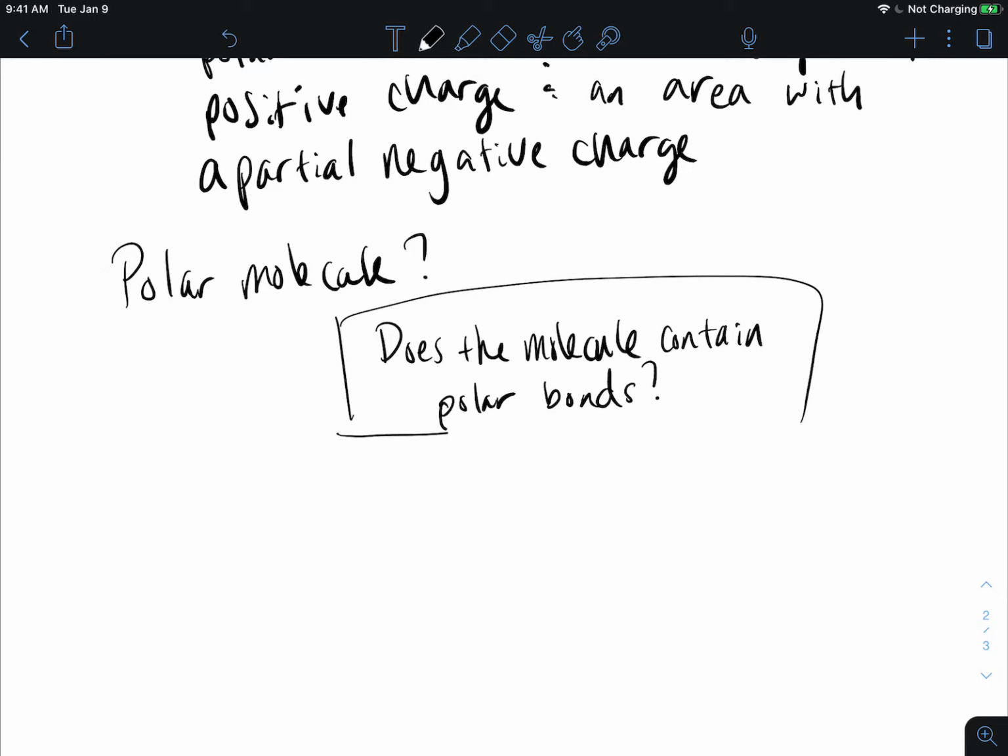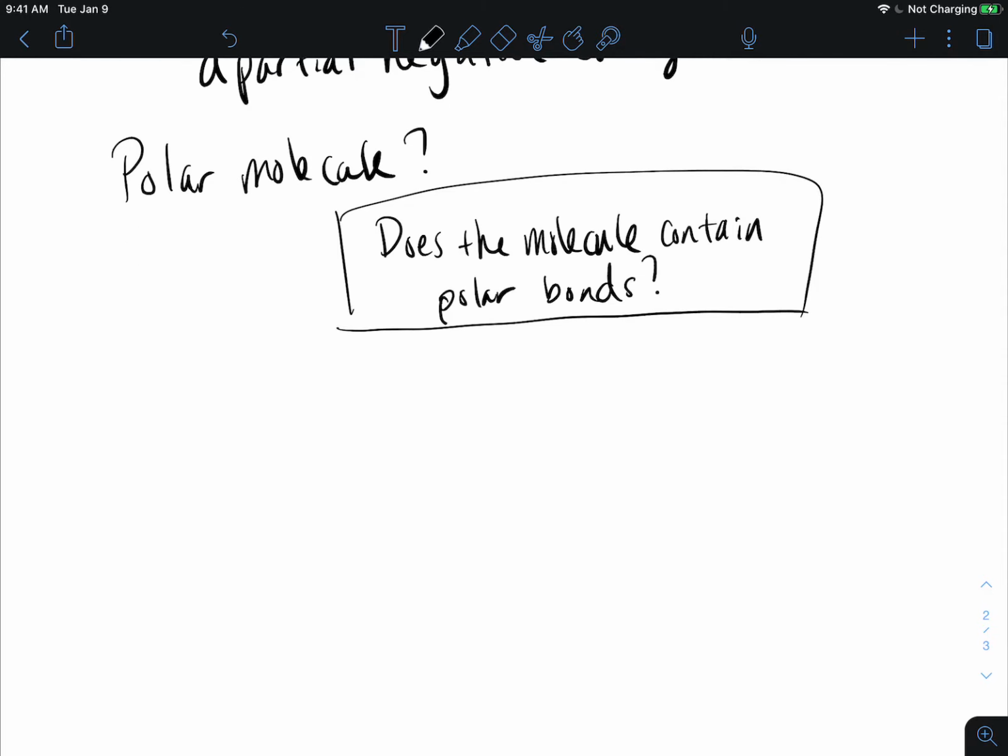For a molecule to be polar, it has to have polar bonds. So if the molecule contains polar bonds, we have a possibility that it will be polar, but not necessarily. Okay, so first it has to have polar bonds. If it has polar bonds, then it could be polar. If it does not contain any polar bonds, it doesn't matter. If the answer is no, it does not contain polar bonds, the molecule will be nonpolar.